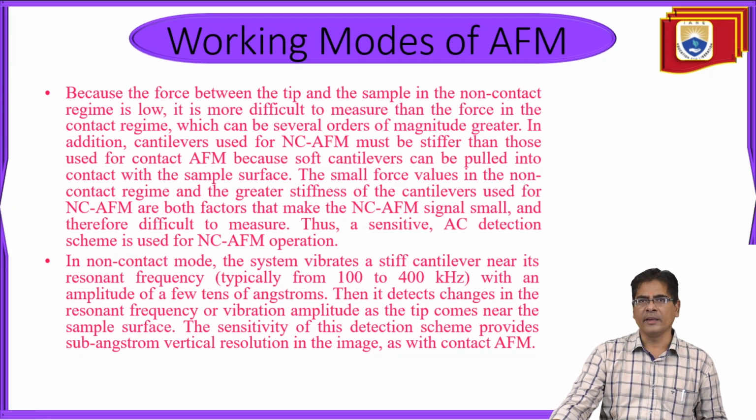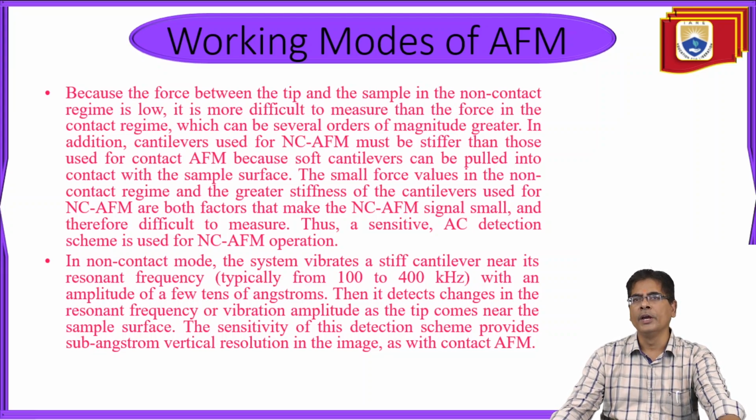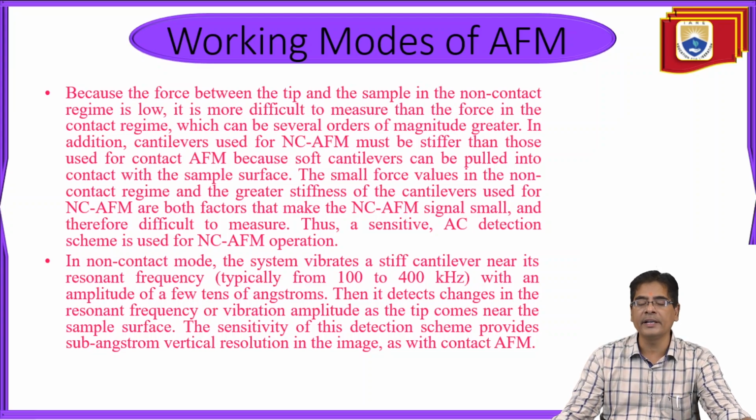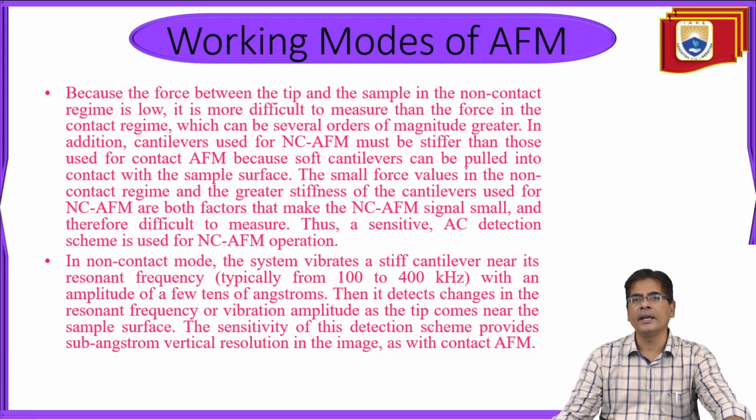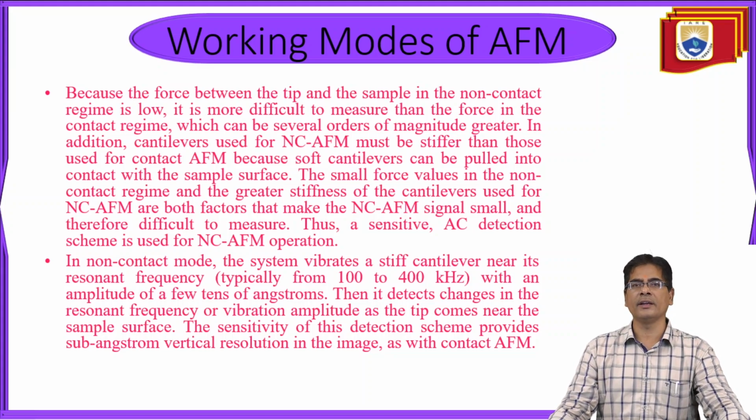Because the force between the tip and the sample in the non-contact region is low, it is more difficult to measure than the force in the contact region, which can be several orders of magnitude greater. In addition, cantilevers used for non-contact AFM must be stiffer than those in contact with the sample surface. Thus a sensitive AC detection scheme is used for non-contact AFM operation.